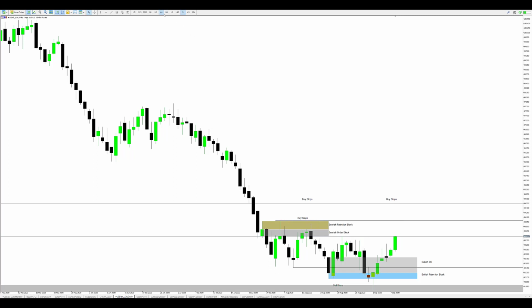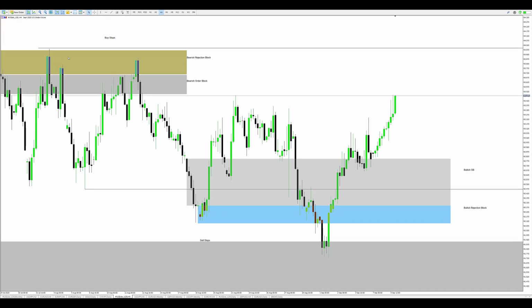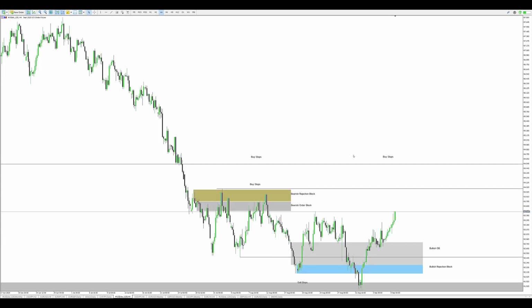So now let's see on H4 what we have. Now on H4 you can clearly see where price is heading. We are heading into this range here. So what I'm going to do here, I'm going to extend my levels, so that I'll be able to see exactly what price action is doing.